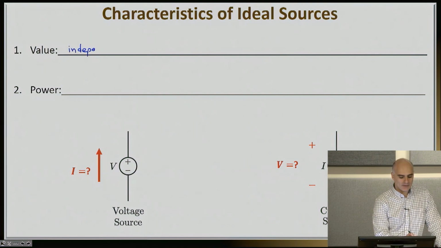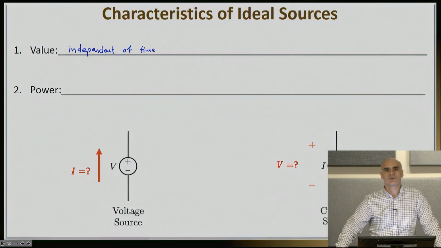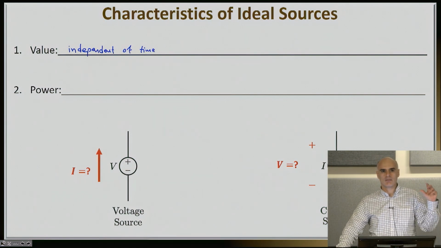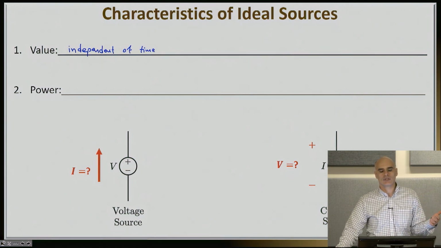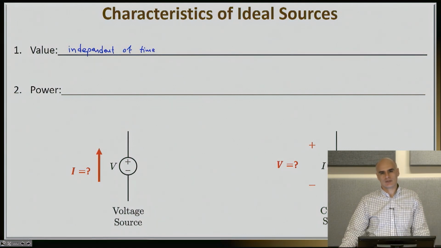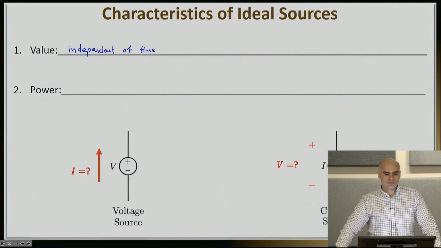So that means that when you build the source, 100 years from now, the source will work exactly the same way. So ideally, if you were to buy a battery today and you were to use it 20 years from now, you would find the same voltage across the battery. Of course, we know that this is not true, and all sources eventually do decay, but that would have been a characteristic of an ideal source.